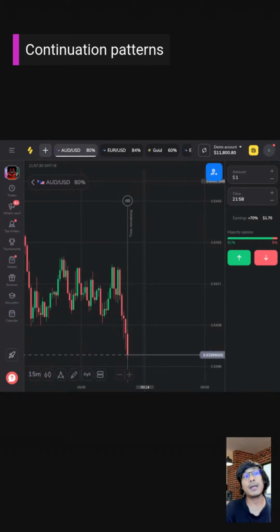Okay, and continuation patterns can be marked by sideways trading. So be ready for sideways trading, because the next move outside of that sideways trading is going to be either continuation or reversal. So you got to be prepared for it. Okay, be ready for it, because if you are ready, you'll be the first to profit from that movement.